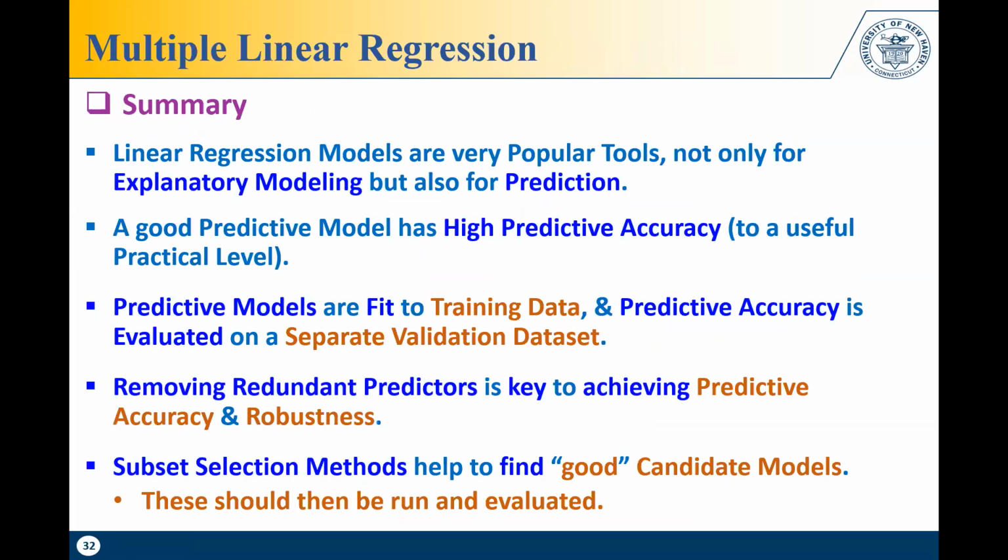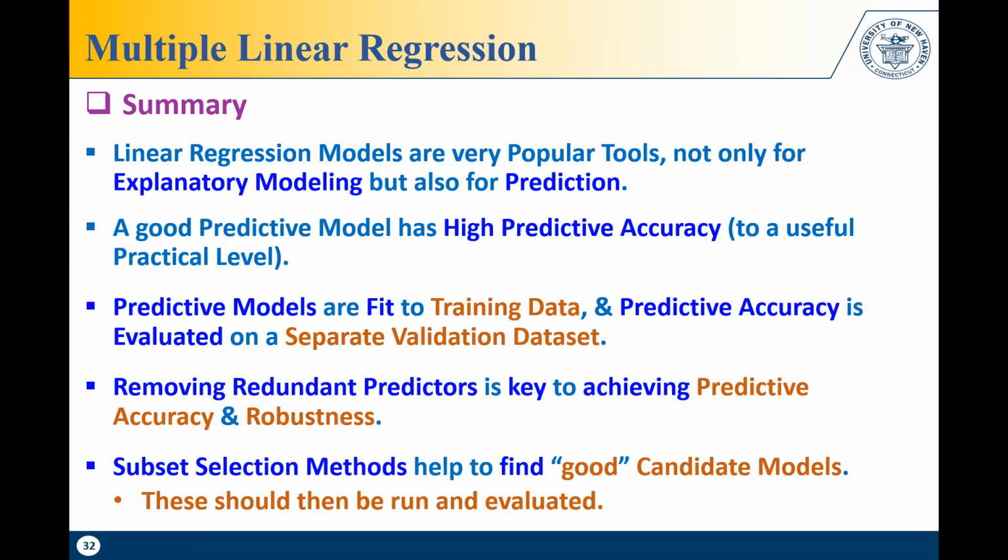So as a summary, today we learned that linear regression models are very popular tools, not only for explanatory modeling, but also for prediction. A good predictive model has high predictive accuracy. Predictive models are fit to the training data, and predictive accuracy is evaluated on a separate validation data set.